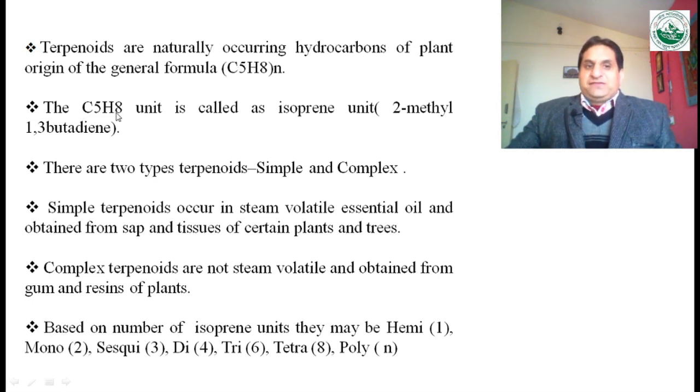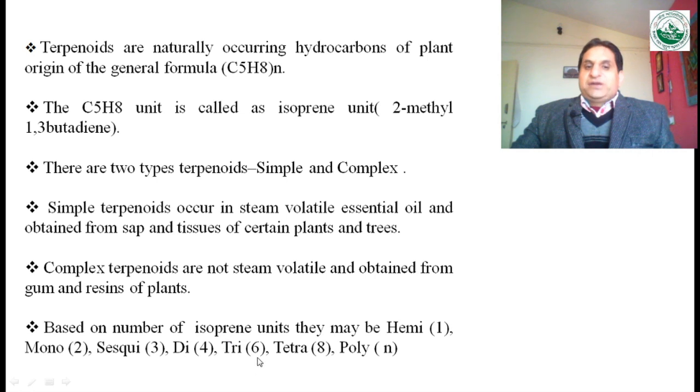So C5H8 is the isoprene unit, and chemically it is 2-methyl-1,3-butadiene. Based on the number of isoprene units, these terpenoids may be hemiterpenoids, in which one isoprene unit is present; monoterpenoids, in which two isoprene units are present; and if three isoprene units are present, then it is known as sesquiterpenoids, whereas if the number of isoprene units is 4, then it is known as diterpenoids.